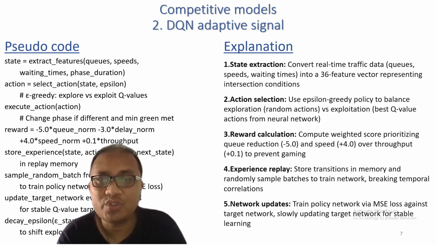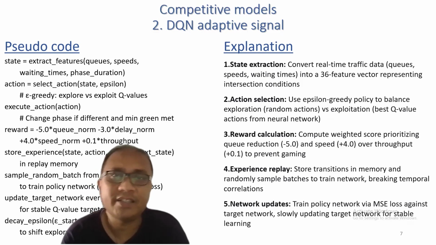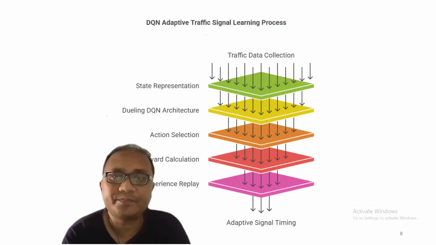Then store the experience in memory, and random batches are trained, breaking temporal correlation. And lastly, the trained policy is implemented in the model to use the DQN adaptive signals.